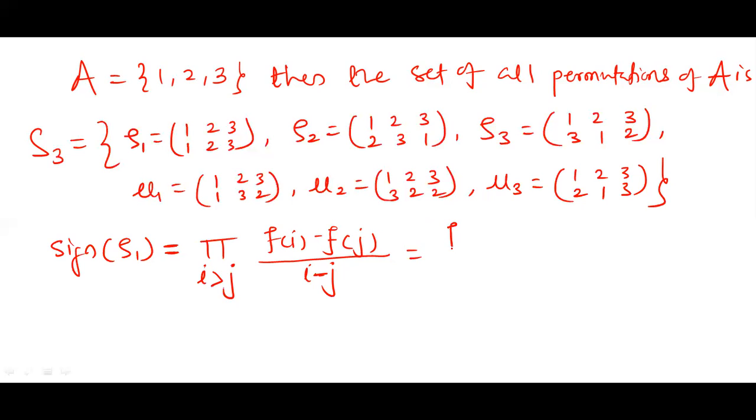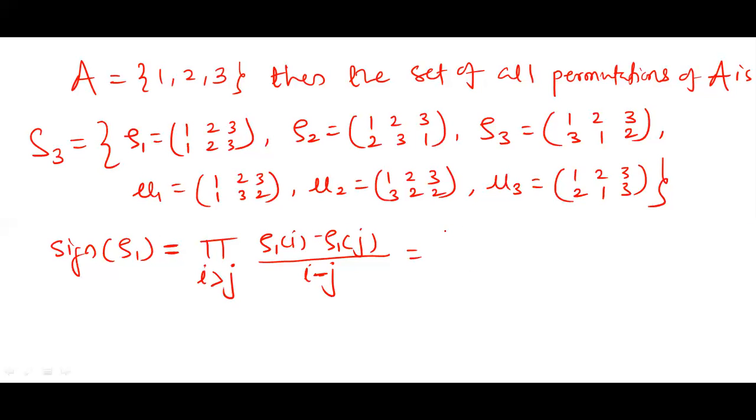So it is rho 1 of I, rho 1 of j. Okay. Since in the permutation rho 1, each element maps to itself, we get, for I greater than j, rho 1 of I is I, rho 1 of j is j.